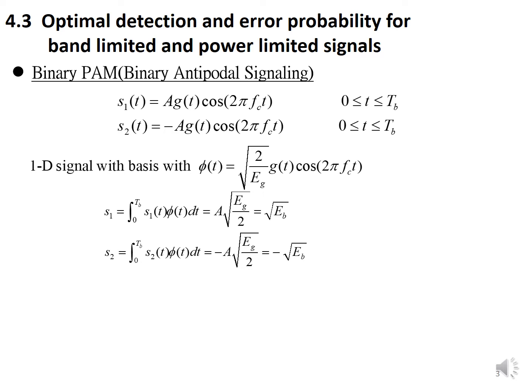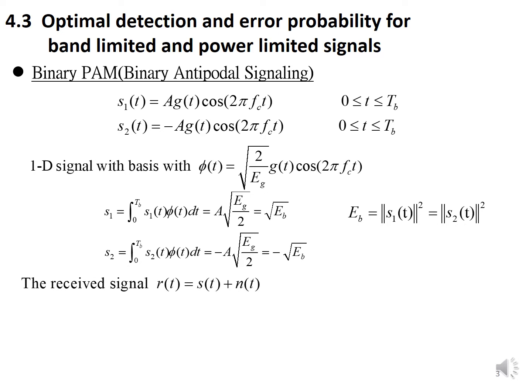The projection of s1(t) onto the basis would be square root of Eb, and the projection of s2(t) onto the basis would be negative square root of Eb. So Eb represents the energy of the signal, the energy per bit, which here is equivalent to the energy of the symbol.